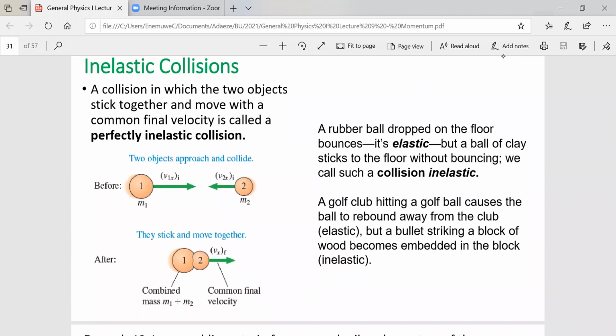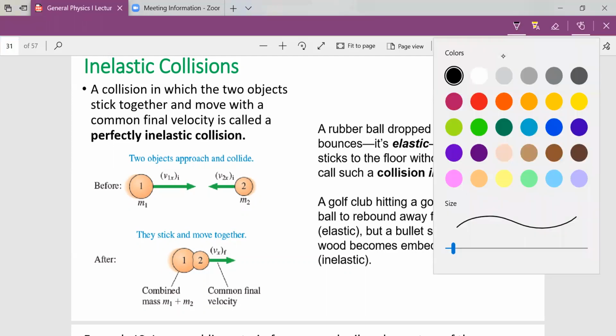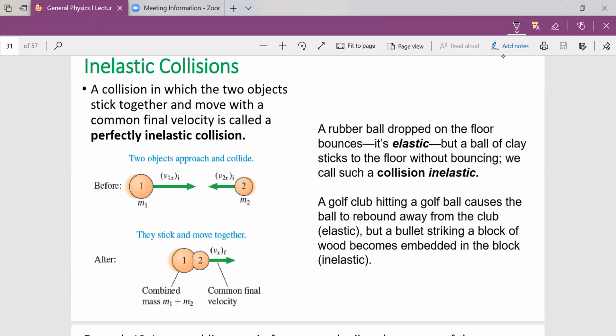Let's see an example from the image before us. We see the objects 1 and 2 coming in opposite direction with initial velocity in the x direction as v1xi and v2xi. Before their collision, you can see they're moving differently.